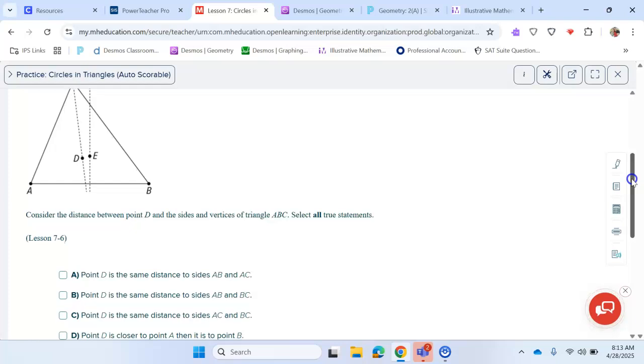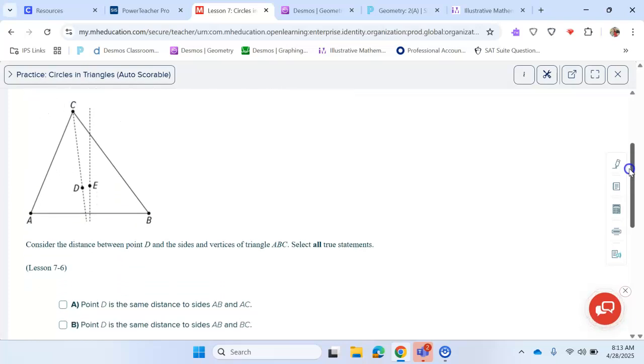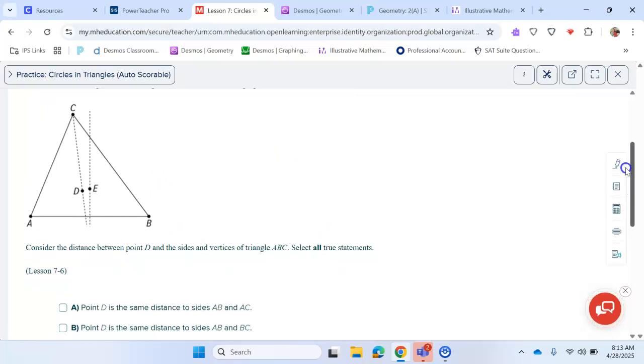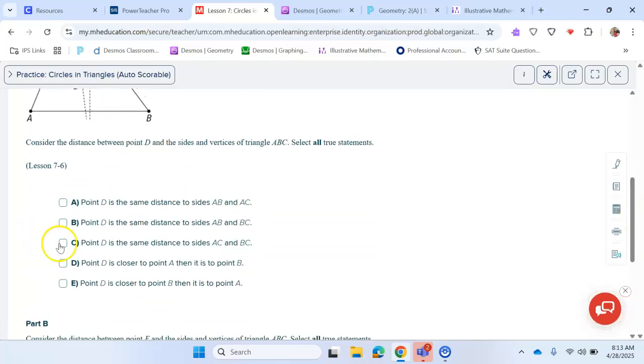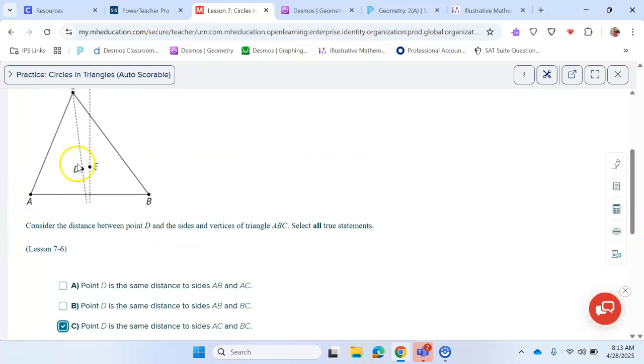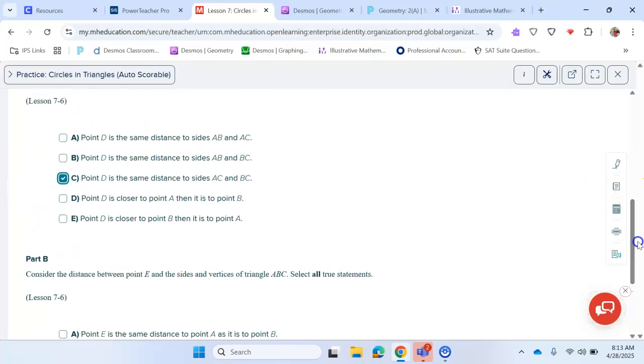Point D is the same distance from sides AC and BC. Point D is closer to point A than it is to point B.